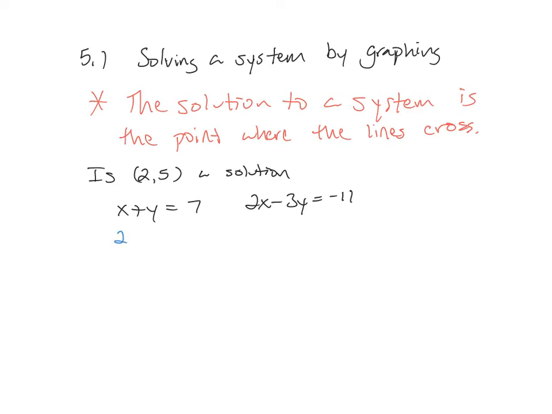So 2 is x, 5 is y, and 7 equals 7. So yes, 2, 5 is a solution to the first line. That means it's on the line. If I graph the line, 2, 5 would be on the line. Okay, and then on this side, I'm going to plug it in.